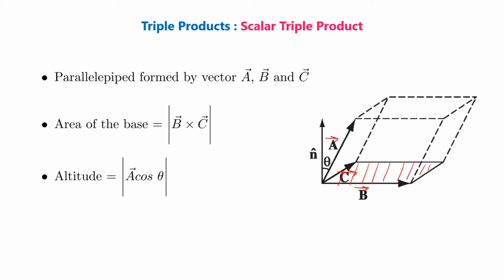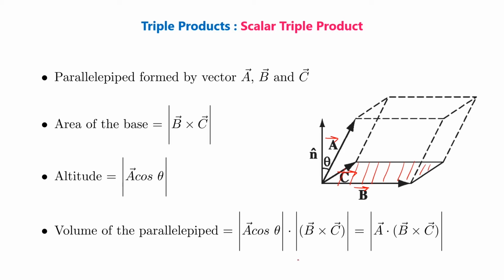Now the altitude is nothing but the magnitude of vector A times cos theta. Now the volume of the parallelepiped is base area times altitude. Therefore, we have modulus of A cos theta dot modulus of B cross C, which is equal to modulus of A dot B cross C.